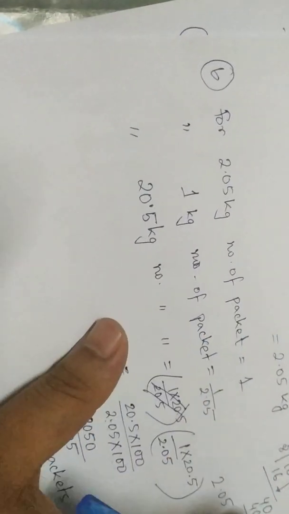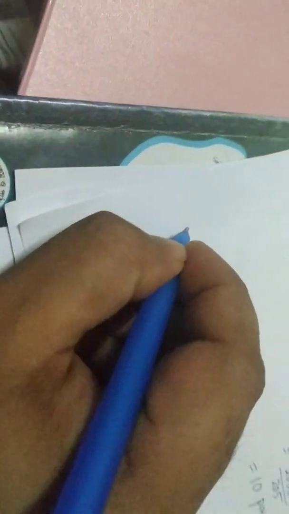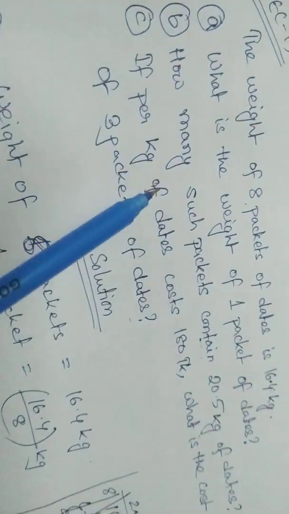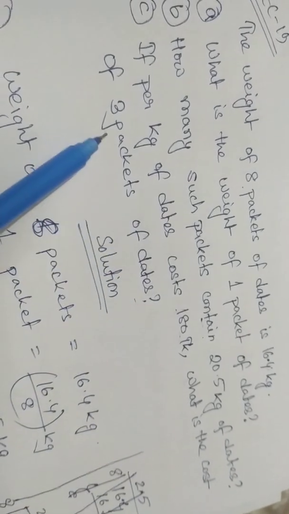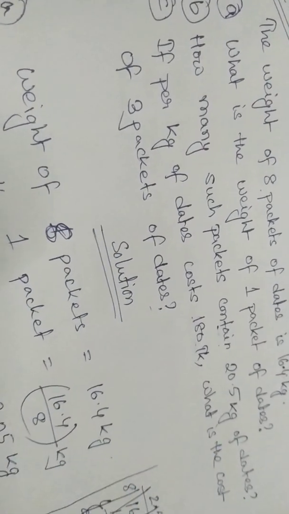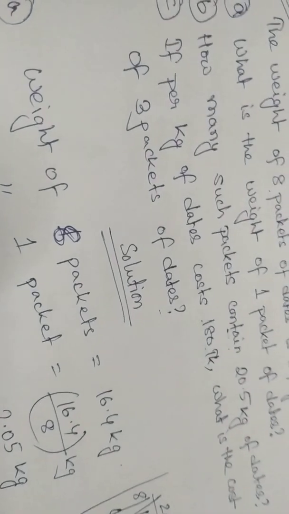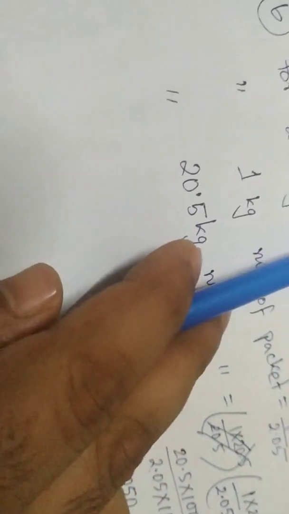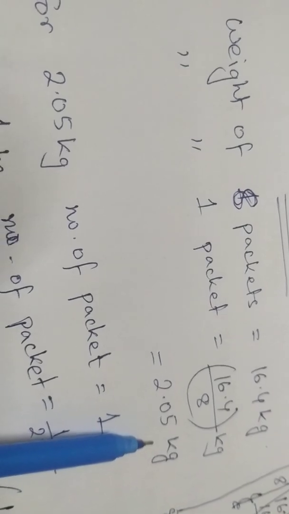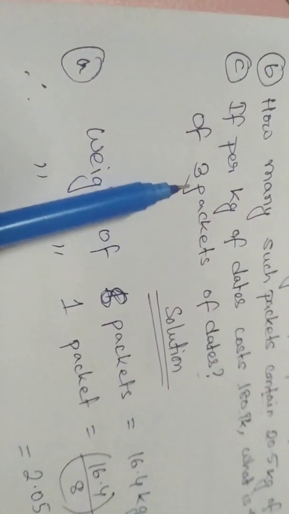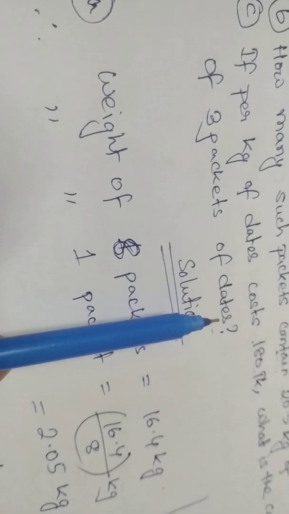Now the last part, that is part C. So what is the question? If per kg of dates cost 180 taka, what is the cost of 3 packets of dates? Okay, now we already know from part A, that 1 packet is how many kg? 2.05 kg, right? So we need to find out the cost of 3 packets of dates.